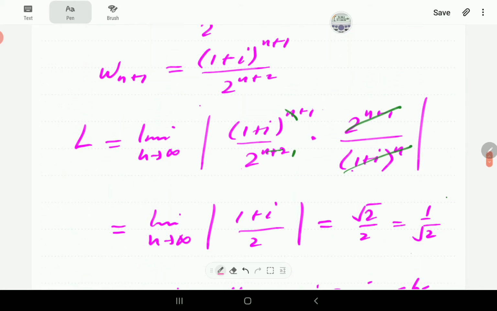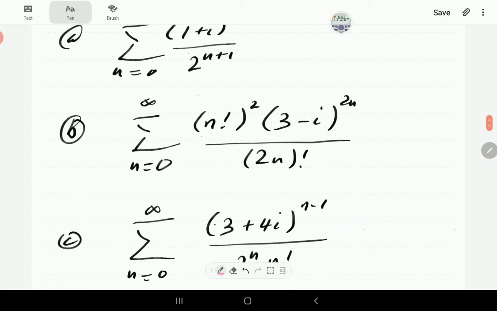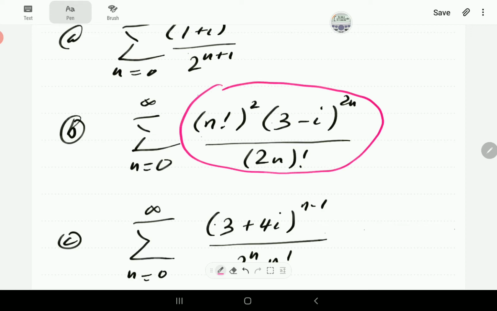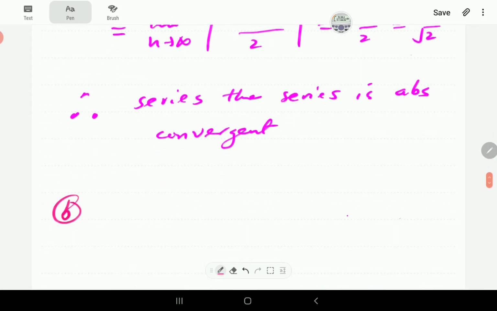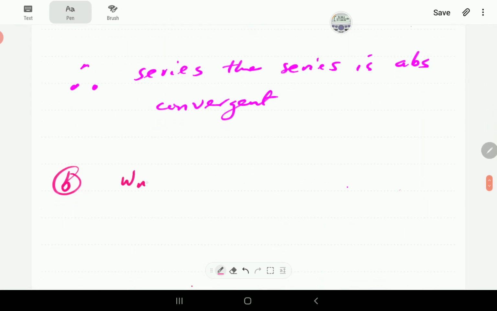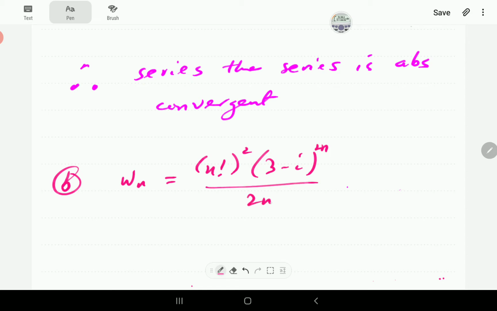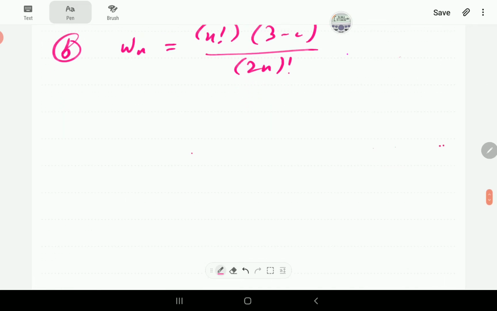All right. So let's see what's going to be the case in part B. In part B, we have got the summation of this. So that means this is going to be our Wn. Wn is (n factorial) squared times (3 minus i) to the power 2n all over (2n) factorial.